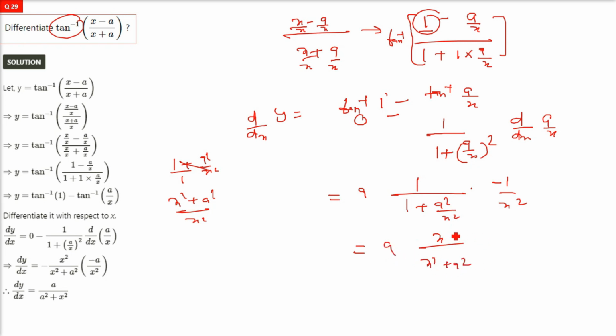And since we have a negative sign outside, because tan inverse 1 was 0, remember, and a negative from differentiation of a by x, the negative becomes positive. So you have a by (x square plus a square). That is going to be your final answer. Okay.